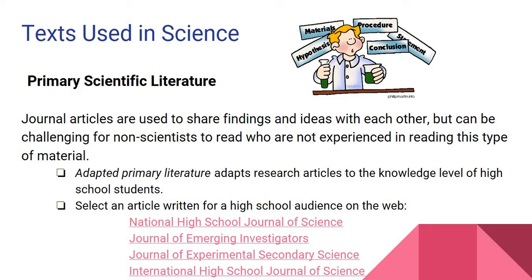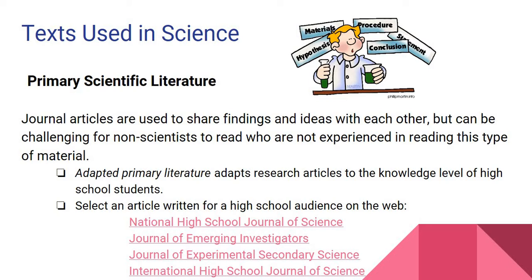And in order to support this kind of reading, the authors of Read Like a Scientist say to teach students the components of a typical journal article. So students should know the difference between an abstract, the introduction, results and discussion, and how to look for different kinds of information. This type of text is best used in the middle of a unit or lesson.